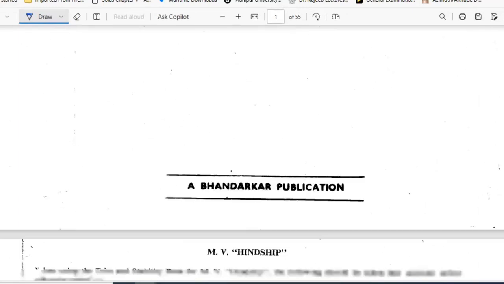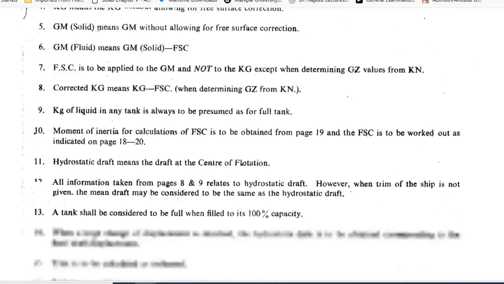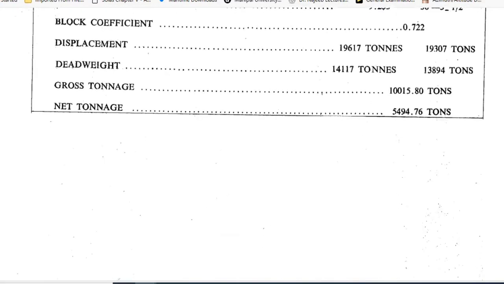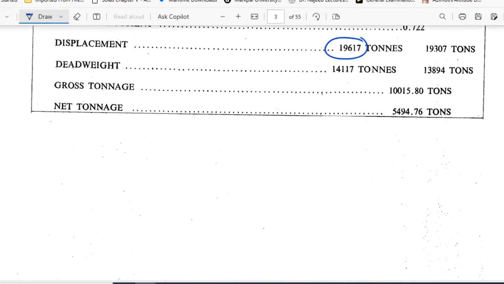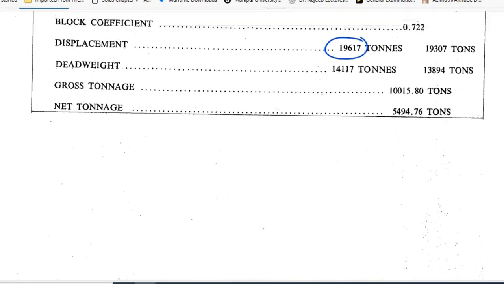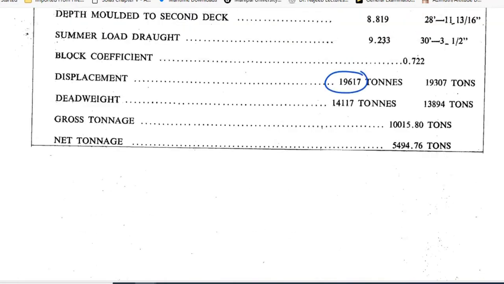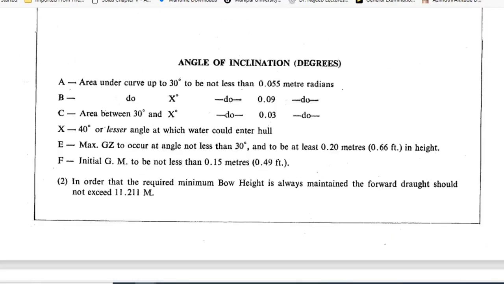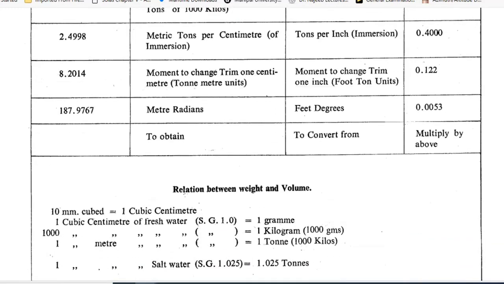Now this is the time to familiarize with this booklet. It's a useful thing. This is the length overall. These are the parameters which you should remember. 143.16. Maximum displacement, 9617. And this stability curve at the moment, you can forget it.